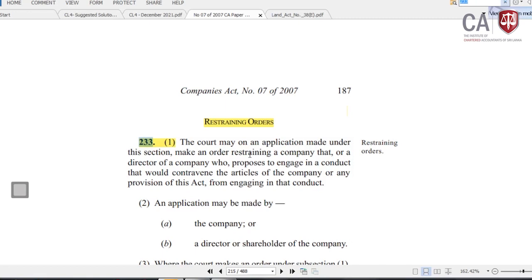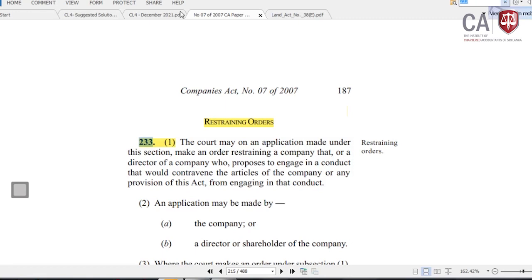But what if the director has already entered into the transaction? Then is there any point of obtaining a restraining order? Then there is no point, because the whole purpose of this order is injunctive in nature, to prevent someone from doing something. If he has already done it, there is nothing to prevent. There is no reason for you to obtain a restraining order if the event has already taken place.